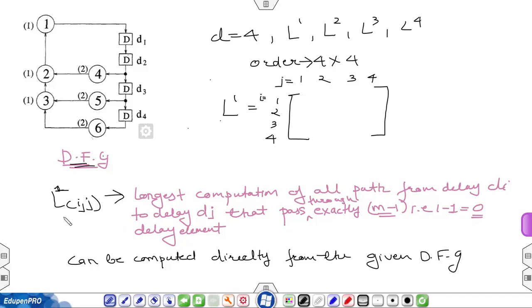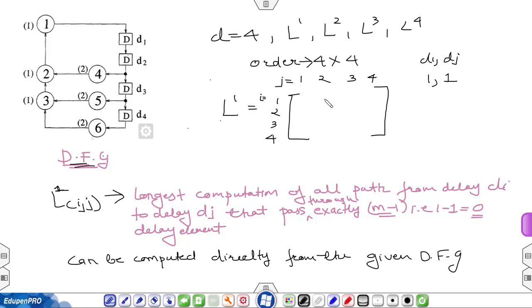So to calculate the i comma jth element of the L1 matrix, we will use this DFG directly. Now we will calculate all the elements one by one, starting from 1 comma 1. So this is delay element di, this is delay element dj, and here I have named the delay elements D1, D2, D3, D4.